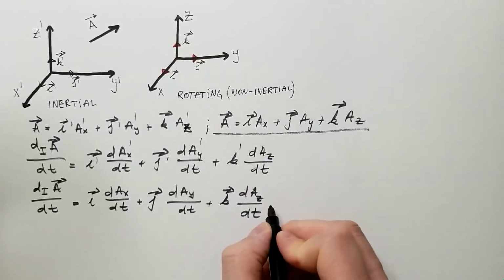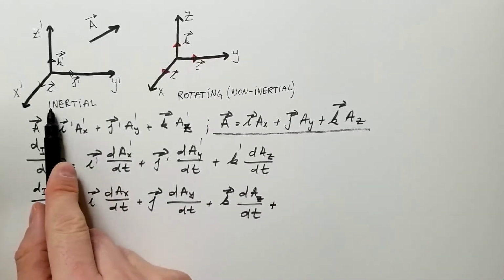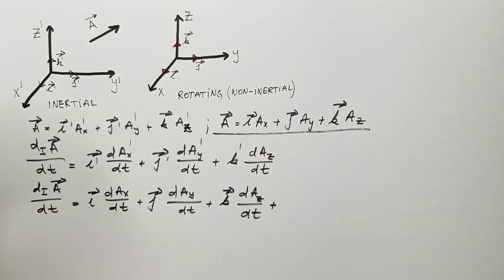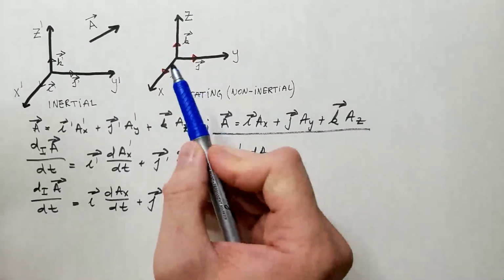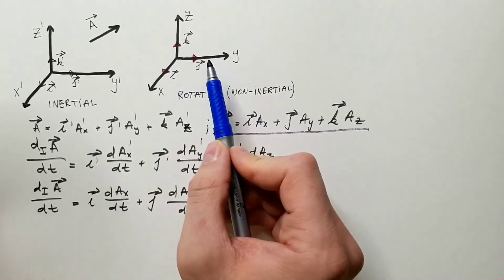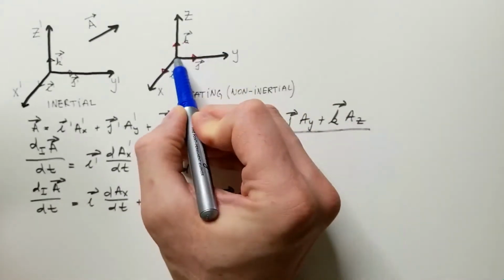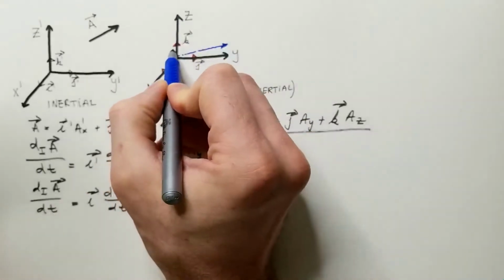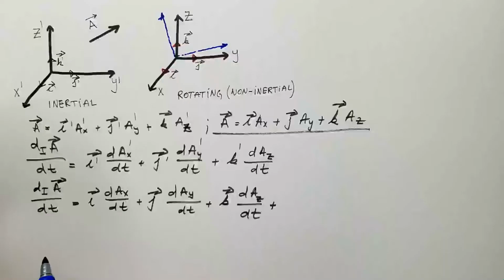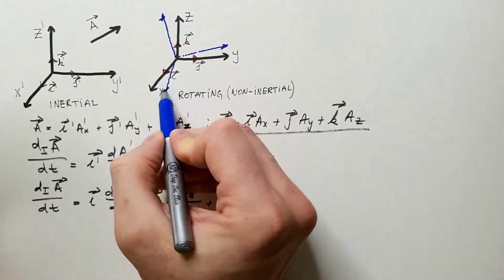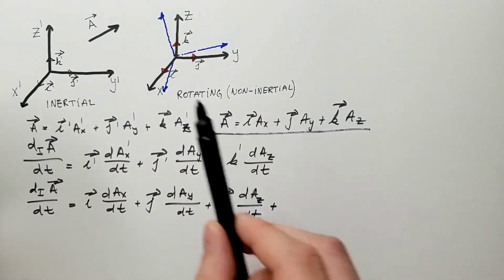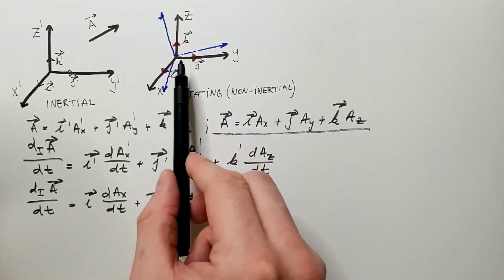But from the point of view of the inertial reference frame, these unit vectors are also changing because this is a rotating frame of reference. Namely, if this is the rotating frame at point of time t, then in the next point, perhaps, this will be the y-axis, this will be the z-axis, and this will be the x-axis, which means that these unit vectors will accordingly rotate.